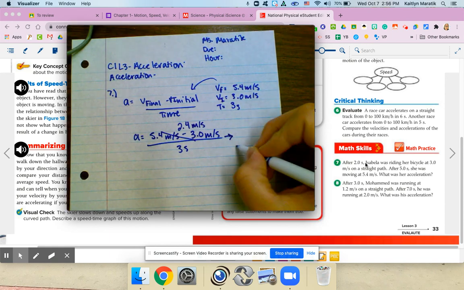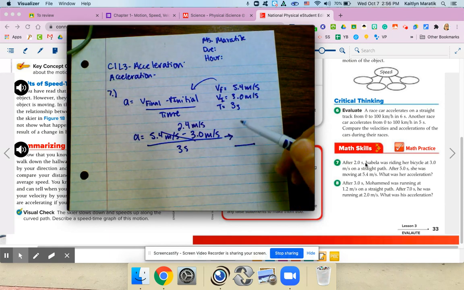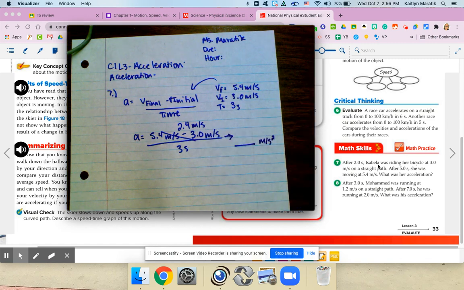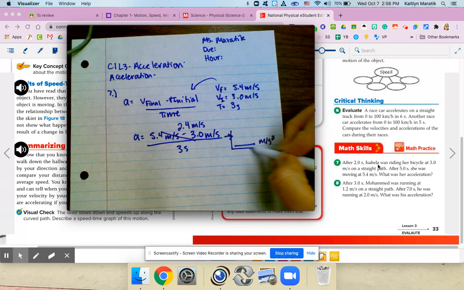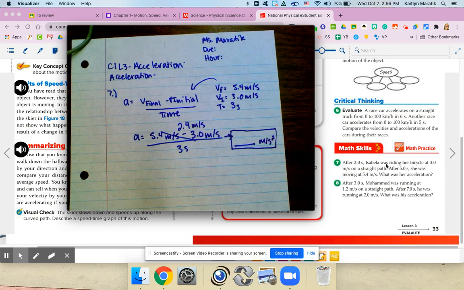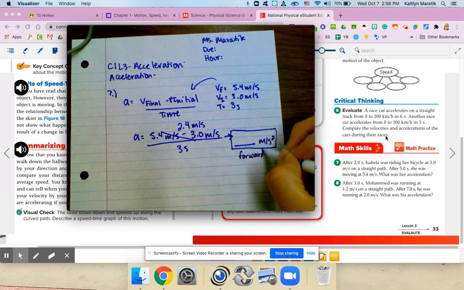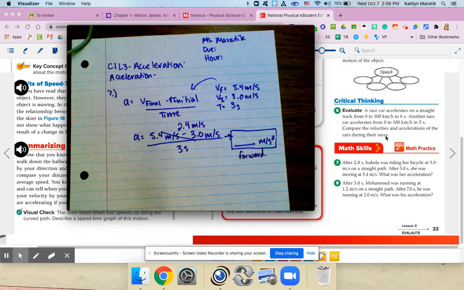And then you're going to need to throw that into a calculator and get your answer. And remember, acceleration is measured in meters per second squared because I have a second and a second. So you have two of them, so it's squared, if you remember from math class. Once you get your answer, you can box that in. Acceleration is a vector quantity, so we really should add, it looks like she was moving forward, so we should also add that direction. Okay, you got a little helper there.